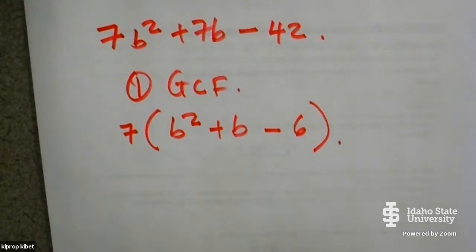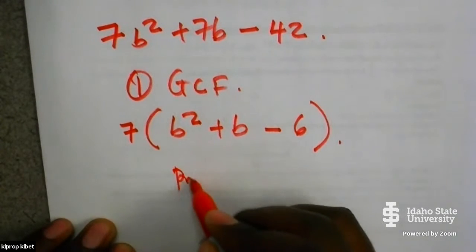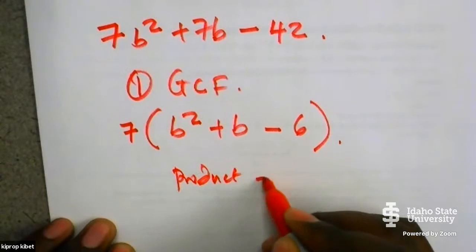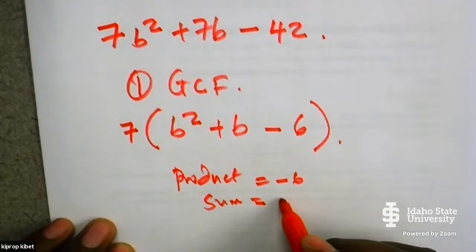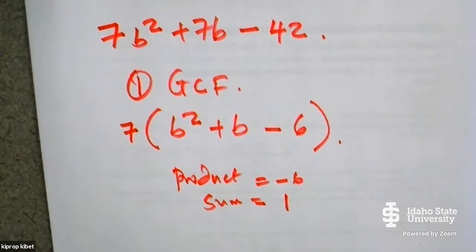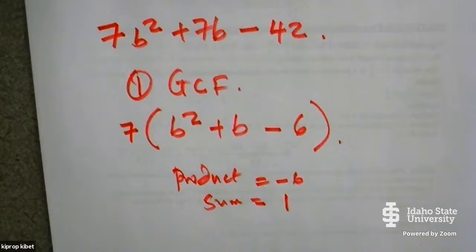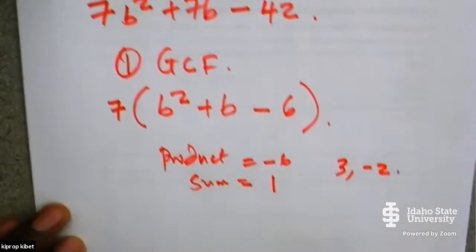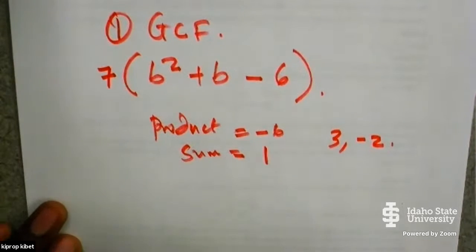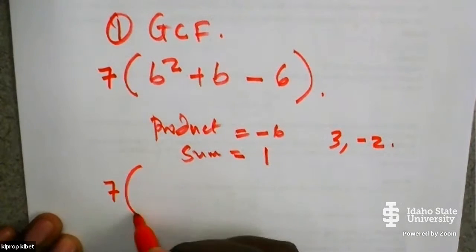So we look for two numbers in which the product equals minus 6 and the sum equals 1. So what are the two numbers? 3 and minus 2, right? 3 and minus 2. So 7 still remains outside.